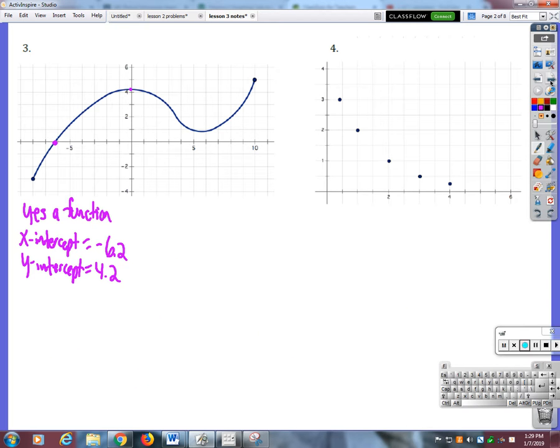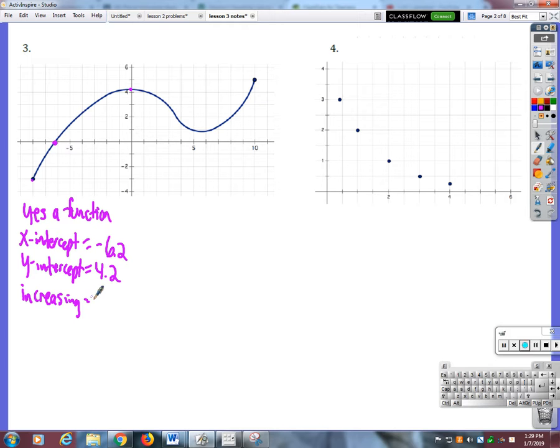Okay, where is this graph increasing? What x values? So it starts going up right here. Negative 8, right?